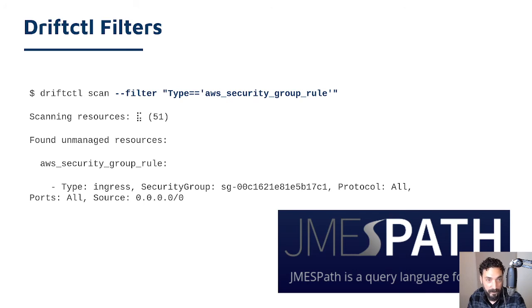We have filters as well. So for those of you who are already familiar with the AWS CLI, it's using JMESPath. It's a query language for JSON, very well documented.